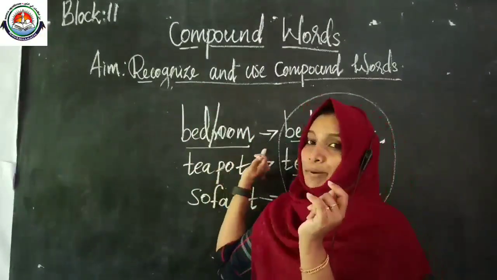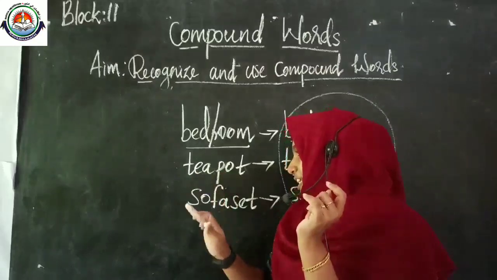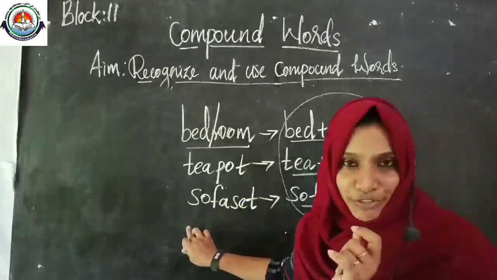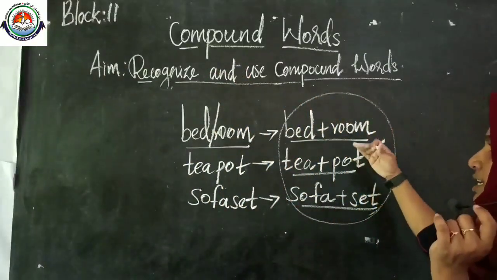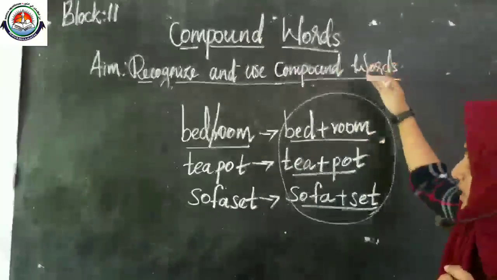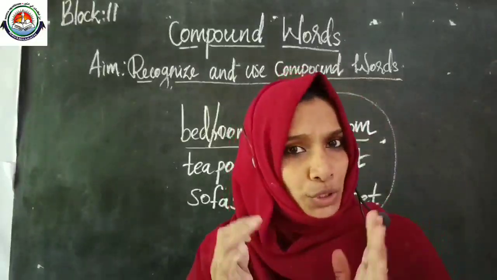That is the bedroom. And teapot is the pot of tea, and sofa set is the set of sofa. That is why we can divide these words into two meaningful words. So all these words are called compound words.